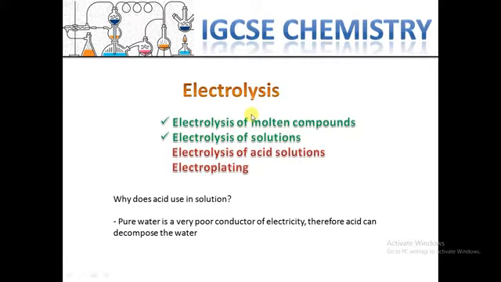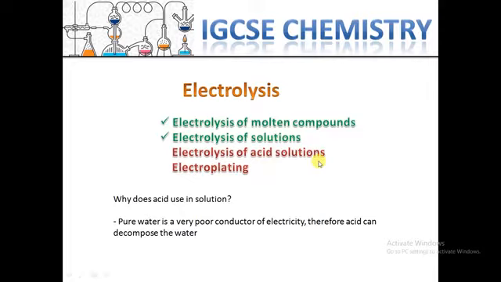we learned about some types of electrolysis: electrolysis of molten compounds and electrolysis of solutions. Today we are going to continue with electrolysis of acid solution and electroplating.